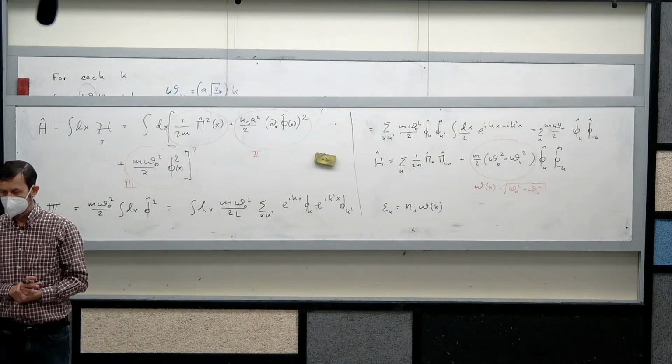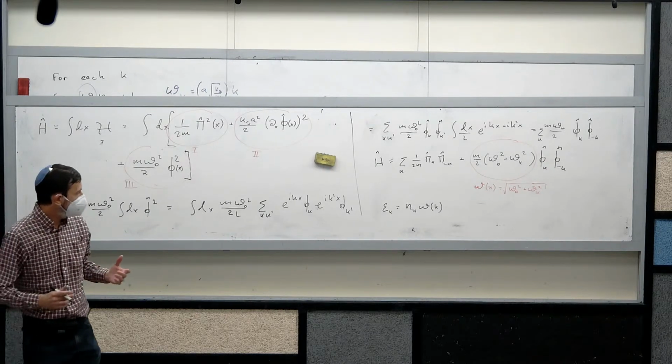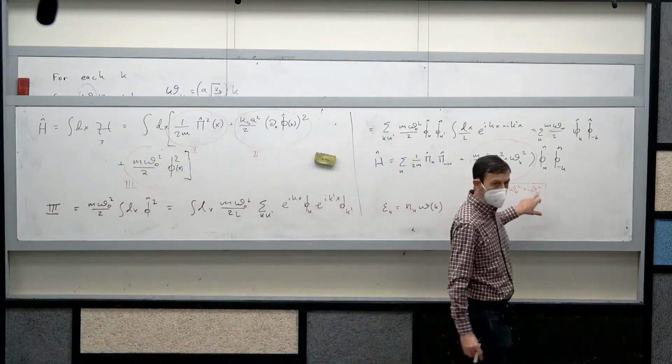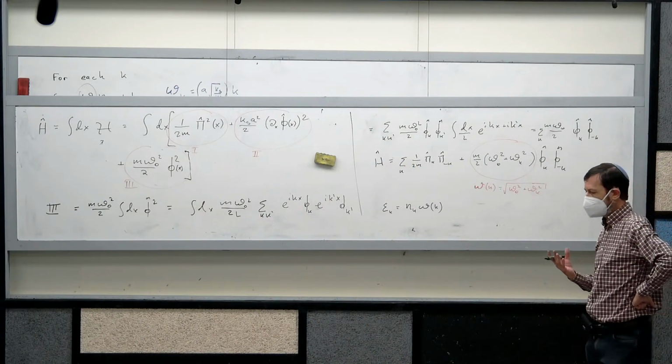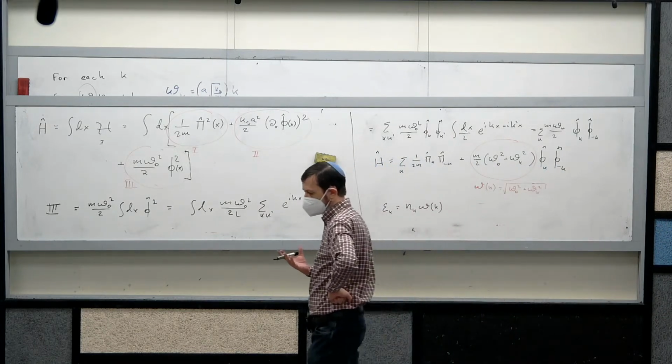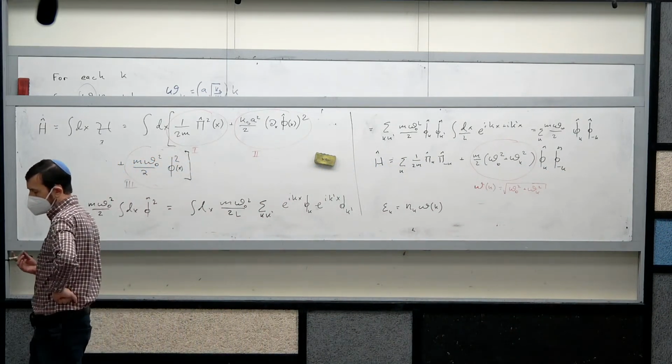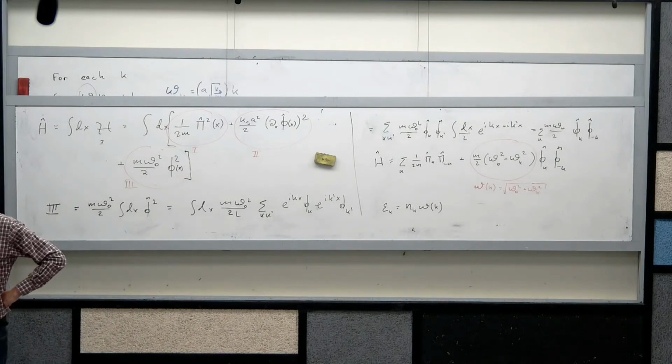What it tells you is basically that the spectrum, the relation between k and the energy, is not linear anymore. At small k's, it's just the omega 0. At larger k's, it returns to the previous dependency.